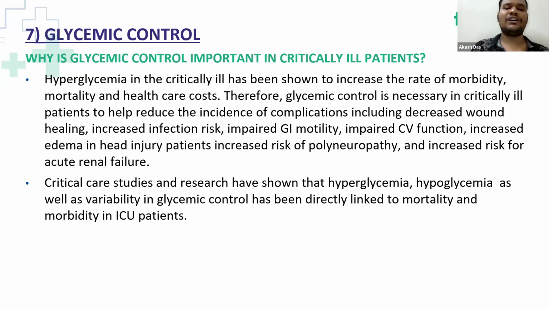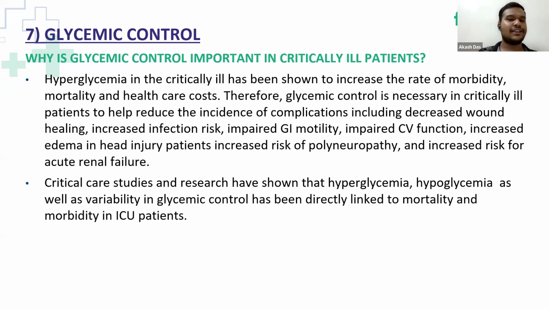So why is glycemic control important in critically ill patients? Hyperglycemia in critically ill patients, as we all know, is bad. It has been documented in various good papers that hyperglycemia can increase morbidity and mortality as well as increase healthcare cost. It can increase the complications in patients, like it can retard wound healing.